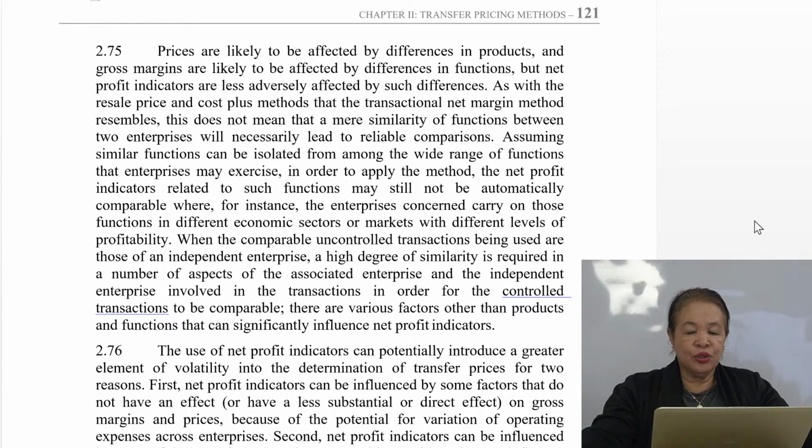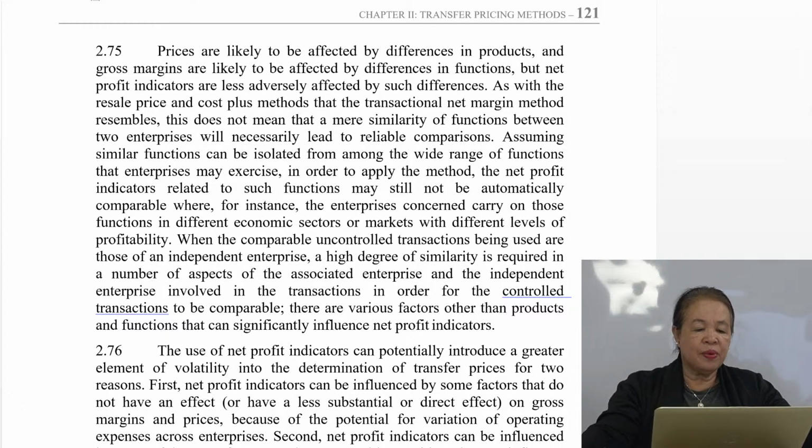So, assuming similar functions can be isolated from among the wide range of functions that enterprises may exercise, in order to apply the method, the net profit indicators related to such functions may still not be automatically comparable, where, for instance, the enterprises concerned carry on those functions, no? So in different economic sectors or markets with different levels of profitability.